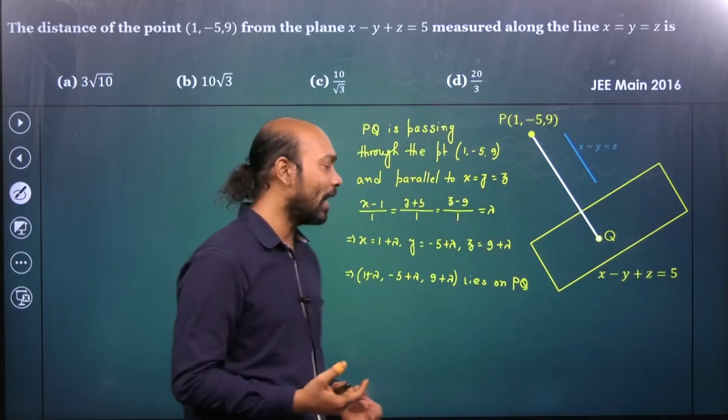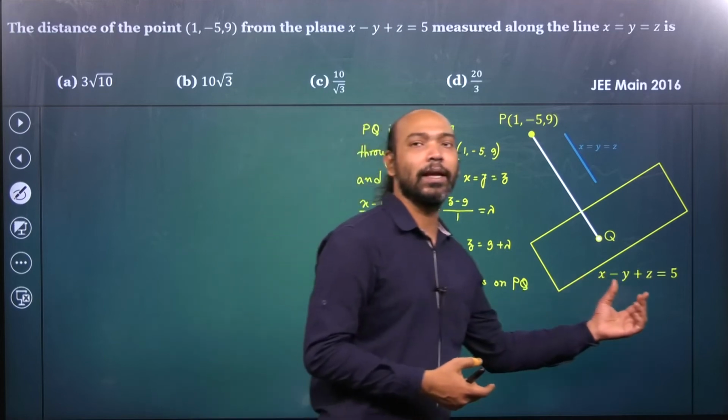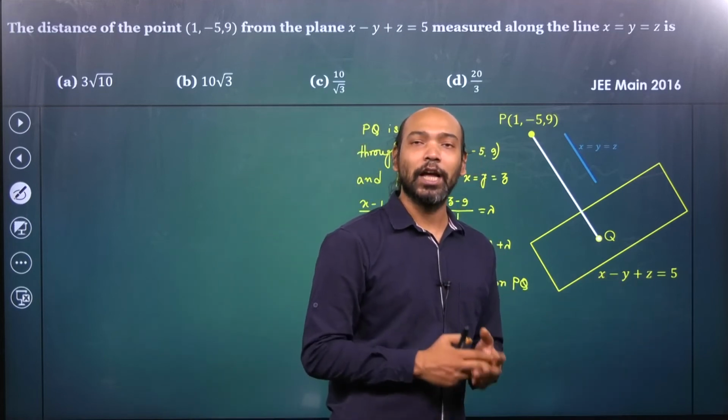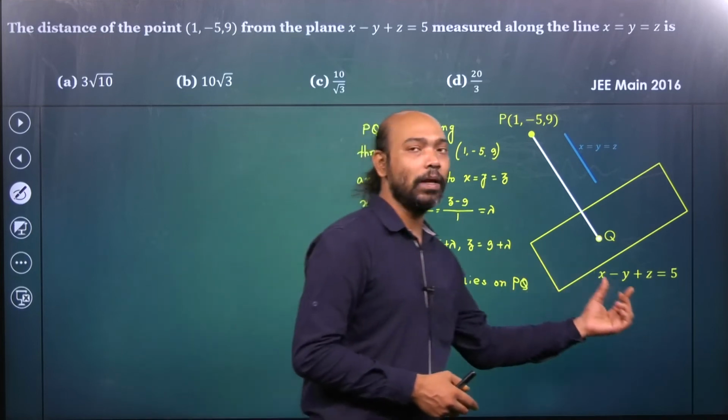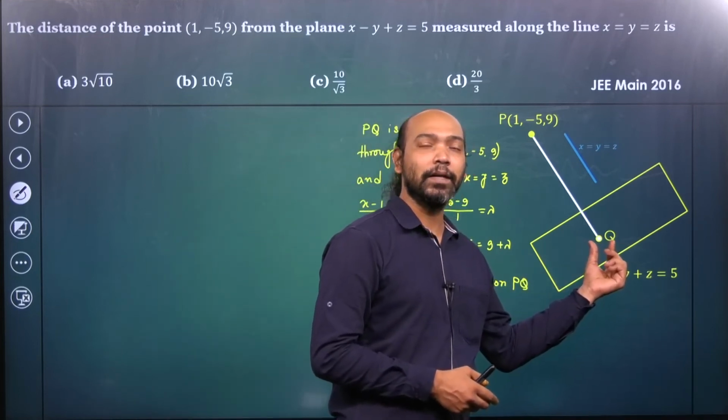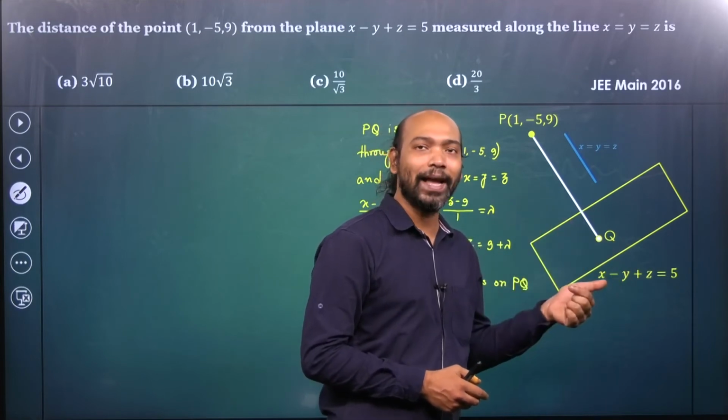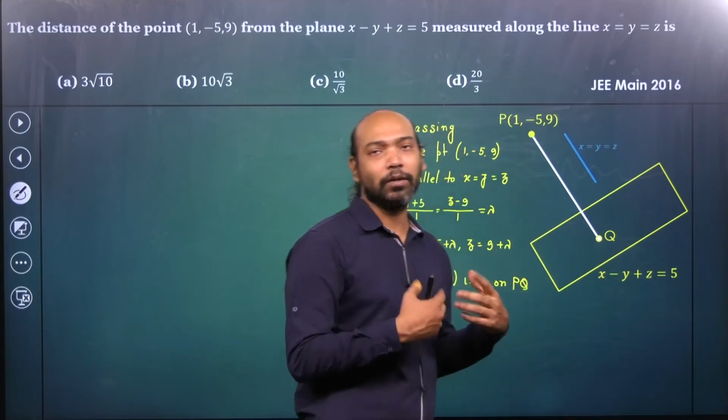So we substitute this point in that plane so that we can find a particular value of lambda, and then calculate the coordinates of Q.